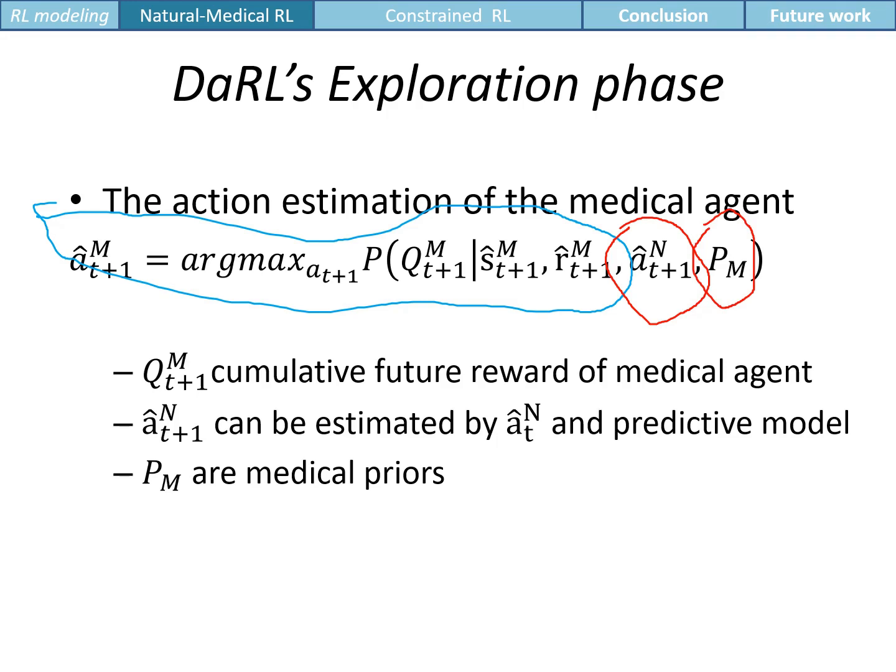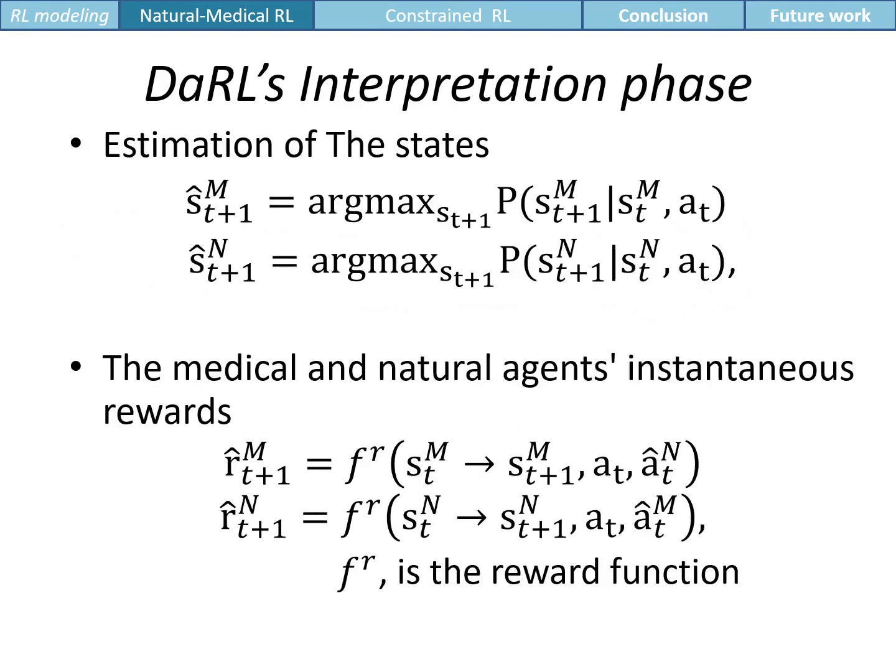It can be physician knowledge, it can be a medical database, it can be a computer with medical software, etc. Estimation of the state is performed as before, but for the reward we also take into account, as we saw before, the other agent's action.